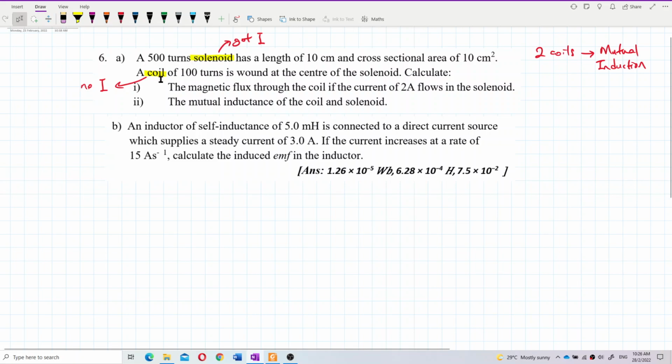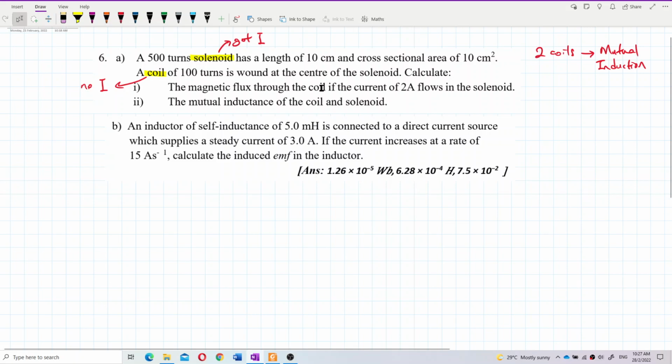The coil has no current initially, but then the induced EMF will happen in the coil. So here it provides us several information. This is about mutual induction.